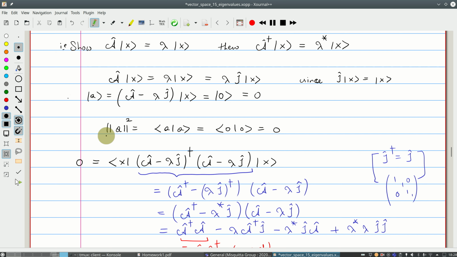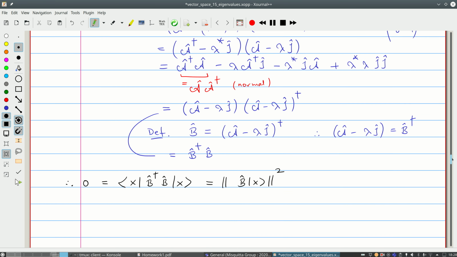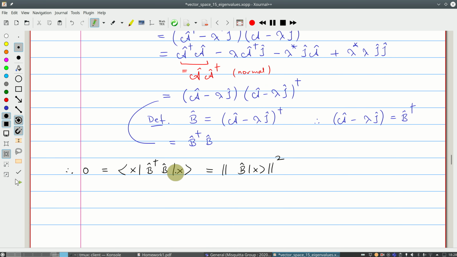The norm squared of a vector is simply the inner product of the vector with itself. So B operating on x gives you a vector. This is the norm squared of that vector. This is now equal to 0.